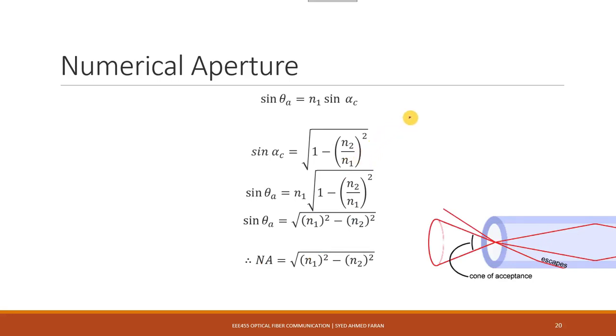So this numerical aperture tells us how much light will actually enter, how many rays of light can enter. All the rays of light entering through this angle will be accepted. They will follow the critical propagation angle, the critical incident angle, and then eventually experience total internal reflection. So all these rays of light are welcome.